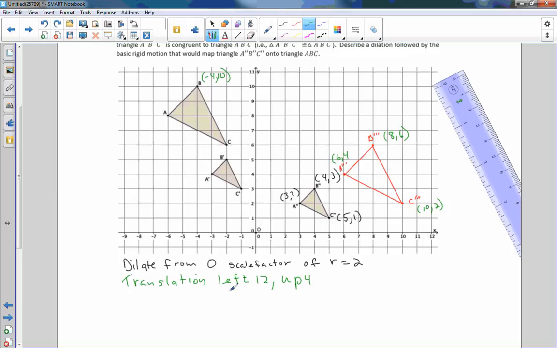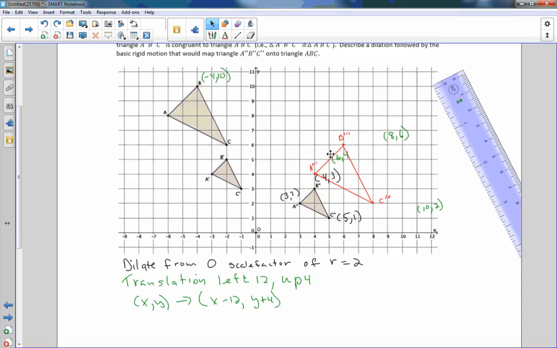Translation left 12 up 4 would be the same as writing (x, y) going to (x - 12, y + 4).